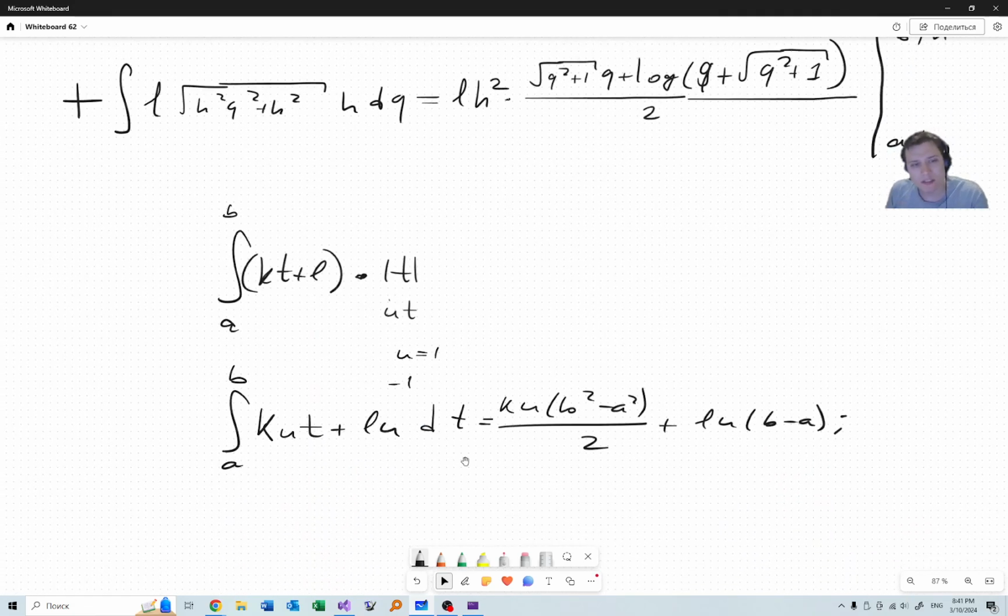I wasn't correct. It is t here, and this is t squared. So it should be squares here and cubes here.